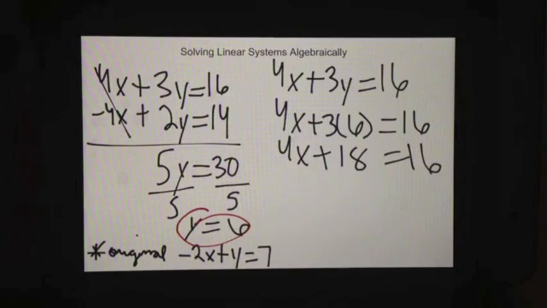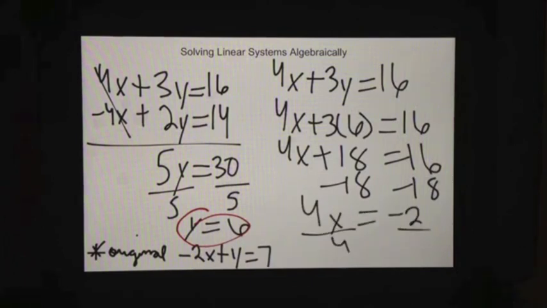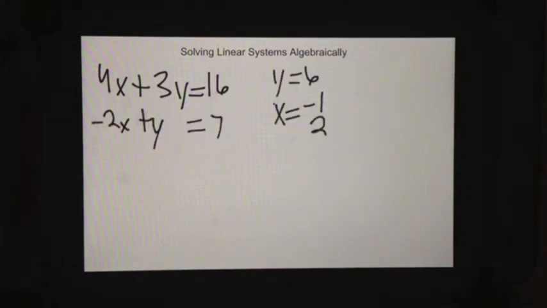Now you want to subtract 18 from both sides. Leaves you with 4x equals negative 2, divided by 4 on both sides. That leaves you with x equals negative 1/2. And now to see if this is right, you can just check it by plugging in your x and your y.